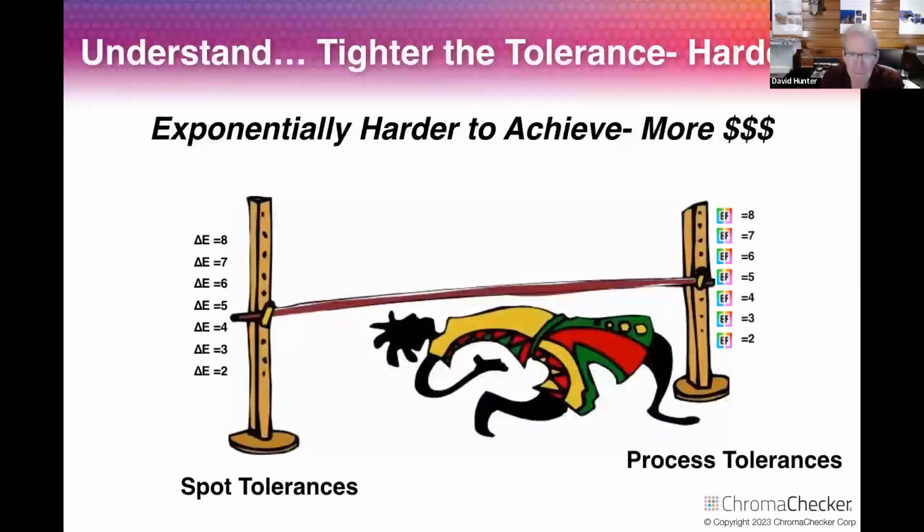So in this way, we can set tolerances for process color using E-factor on the right and spot color using delta E on the left.